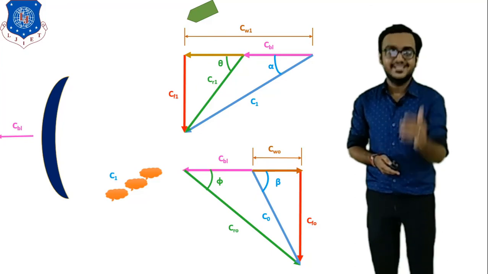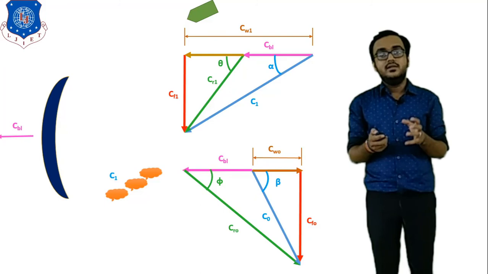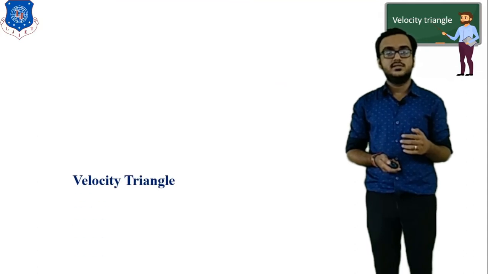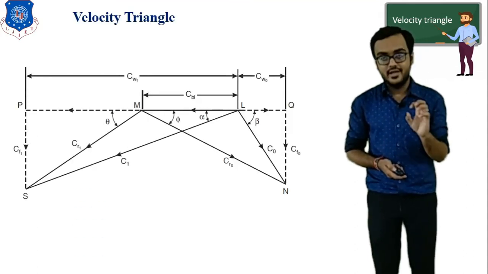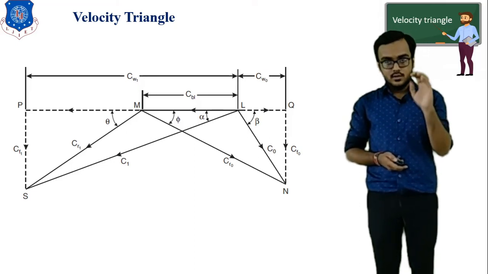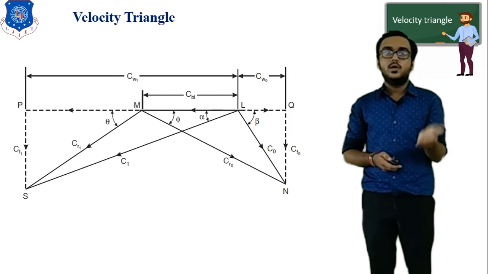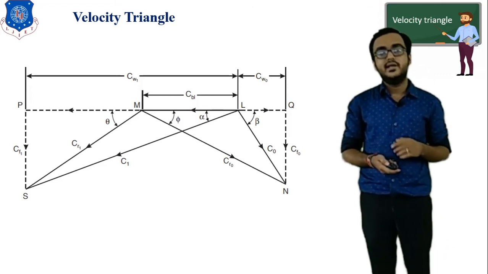In our further session, I am going to plot the combined triangle instead of individual ones. Here you can see the combined triangle looks like this. We are going to plot the combined triangle, not the individual triangle, because in the combined triangle we get all the data very quickly compared to the individual triangle whenever we are dealing with numericals.